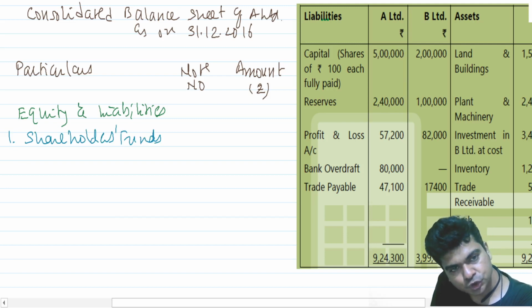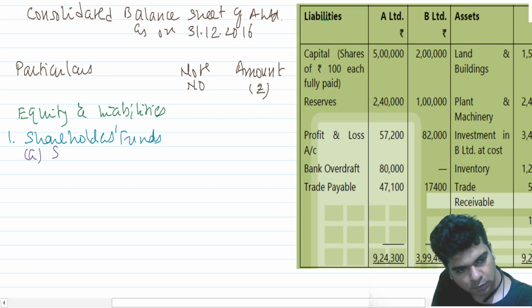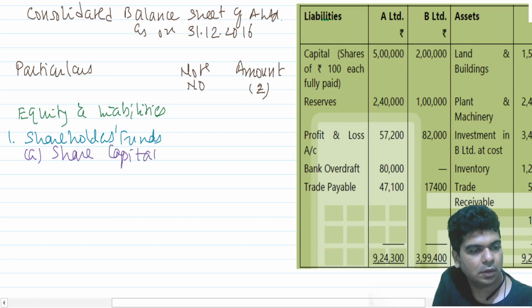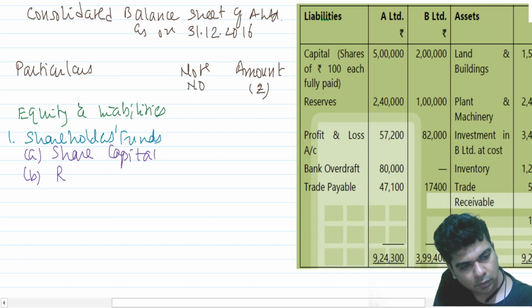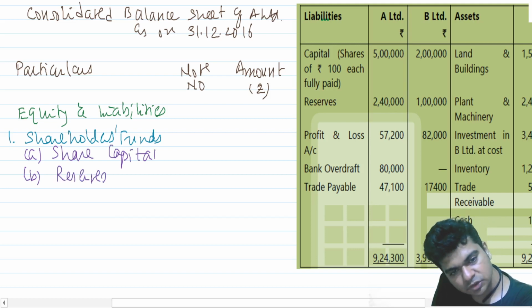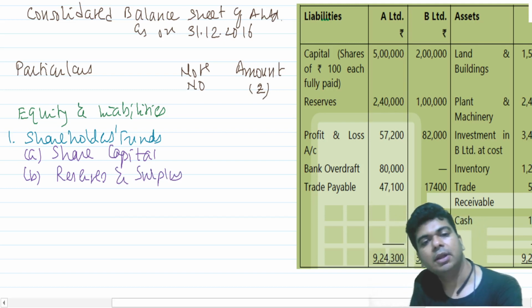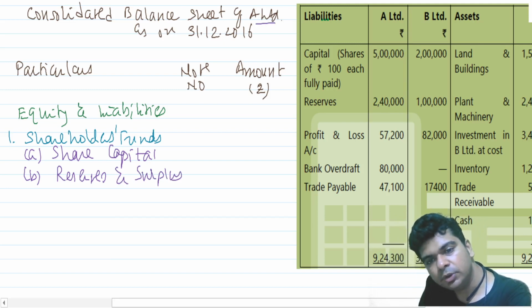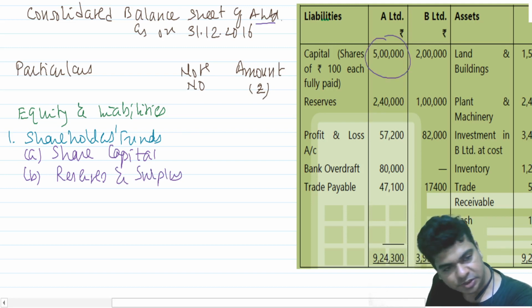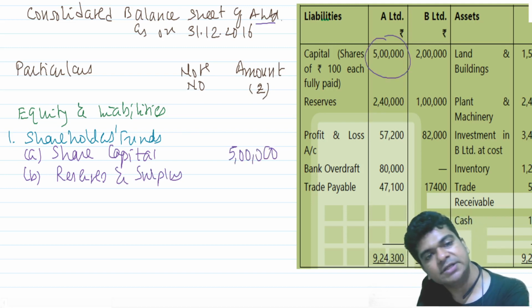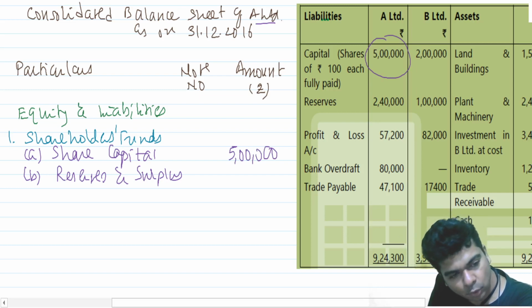Shareholders' funds. Share capital. Reserves and surplus. The balance sheet is of A Limited, so put the share capital of A Limited, 5 lakhs. For reserves and surplus, you can prepare a separate note, but I'm showing it over here itself.